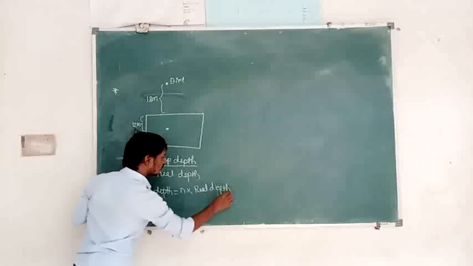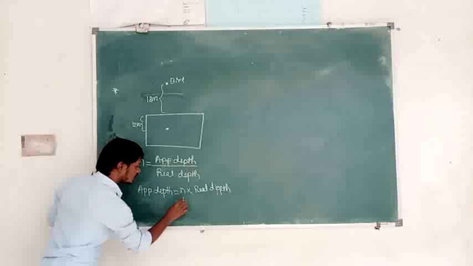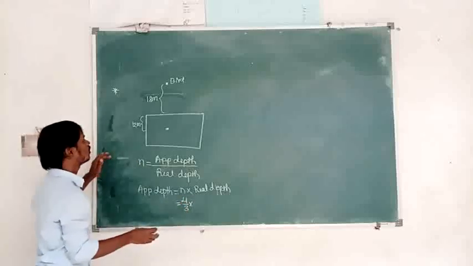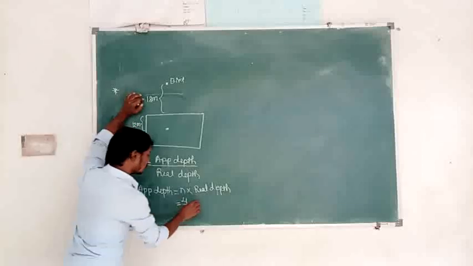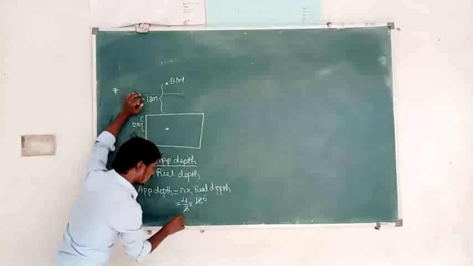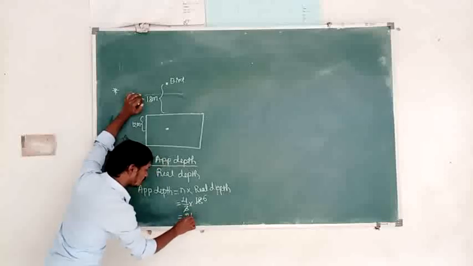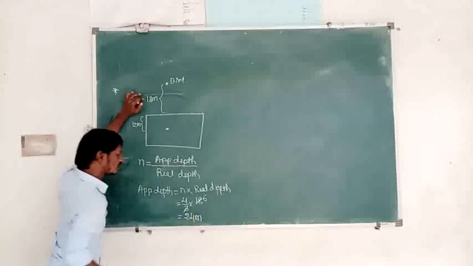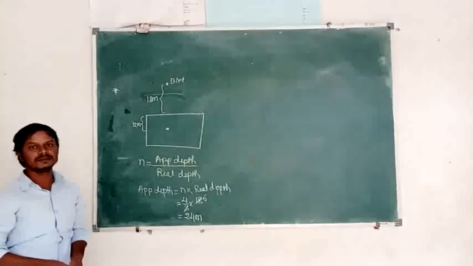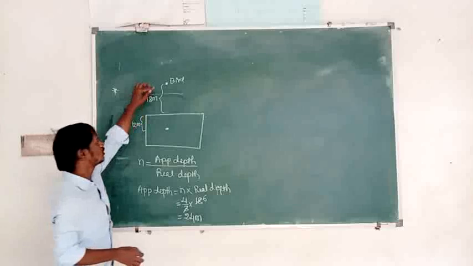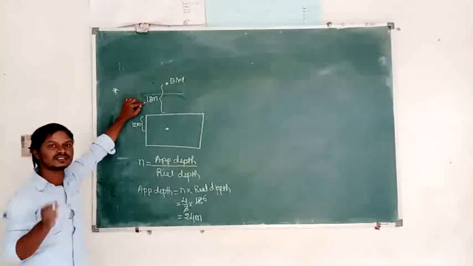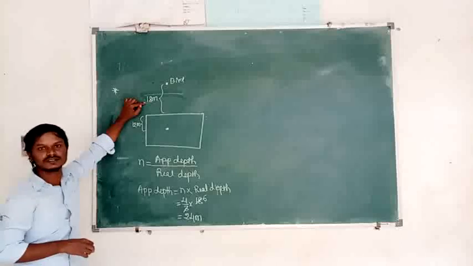It is 4/3. And the real depth of the bird is how much? 18. So 3 sixes are 18, and 4 sixes are 24 meters. So what is the apparent depth of the bird from the swimmer here? That is 24 meters. What is the actual distance of the bird from the surface of water? That is 18 meters. That actual distance is called the real depth.